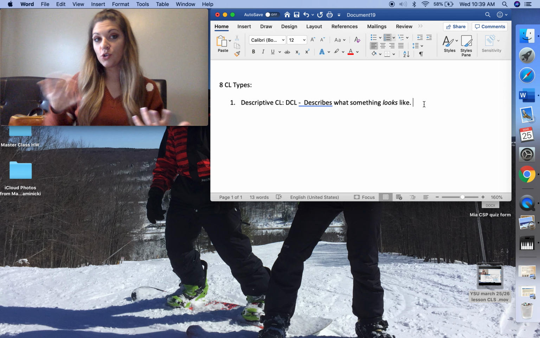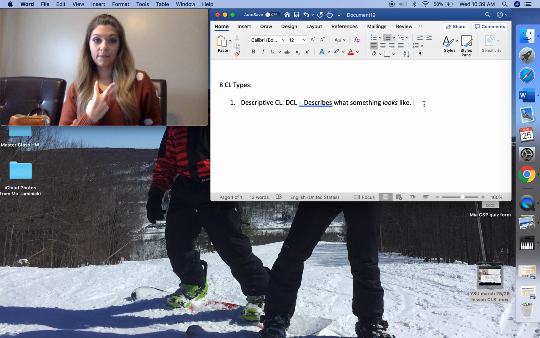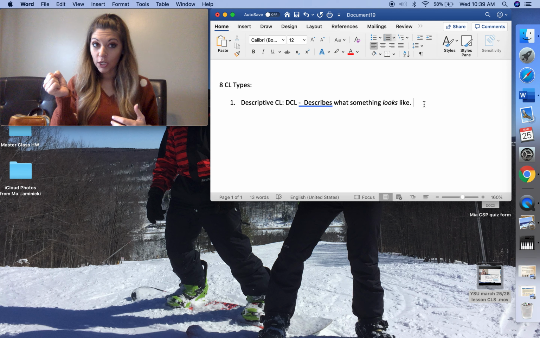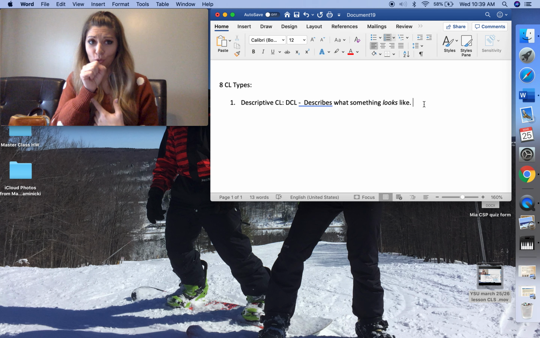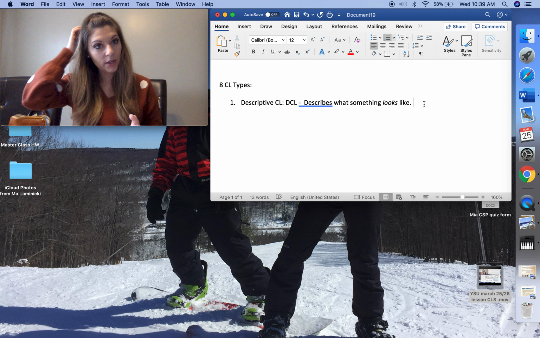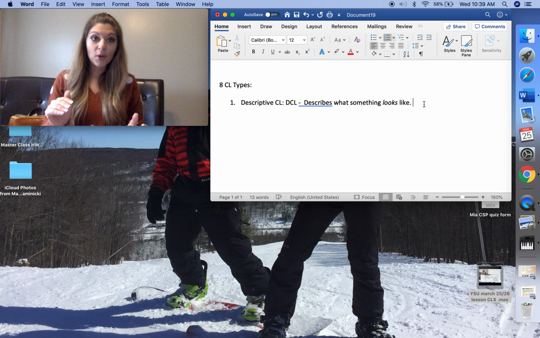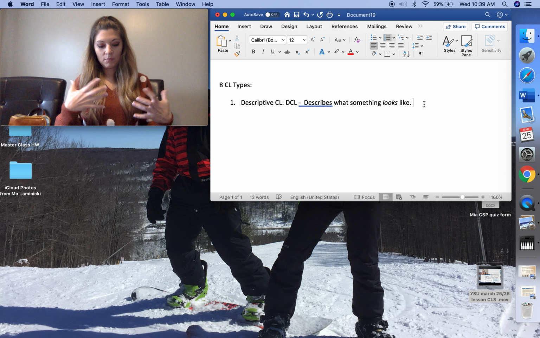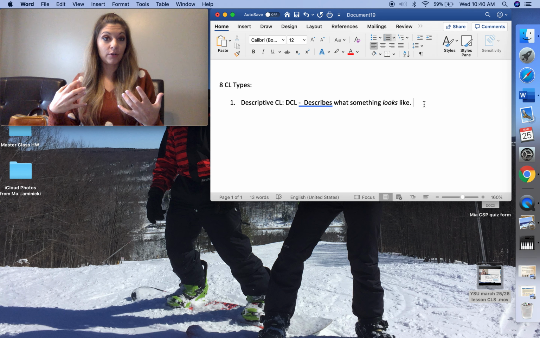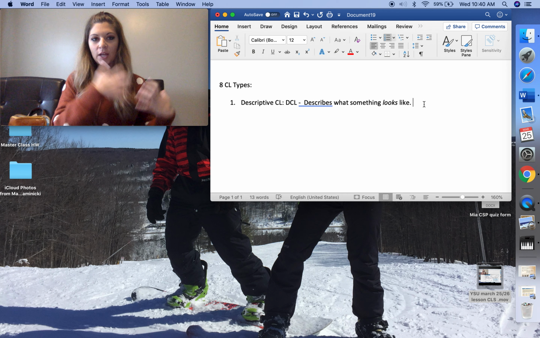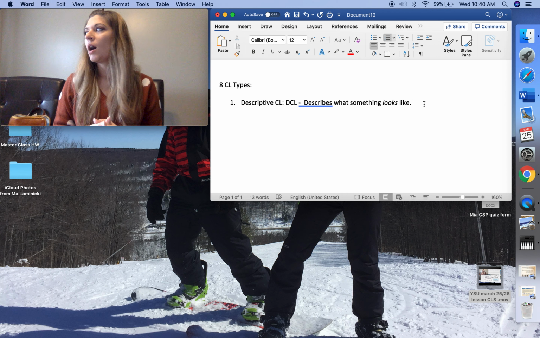So I would say, you know, my shirt today is a V-neck, descriptive classifier, and it's orange and it has dots, polka dots. So my V-neck and the polka dots are classifiers. I could also describe flower patterns. Maybe the shirt has 3 flowers on it, but if it's just a pattern all over, I would say flower and then pattern.